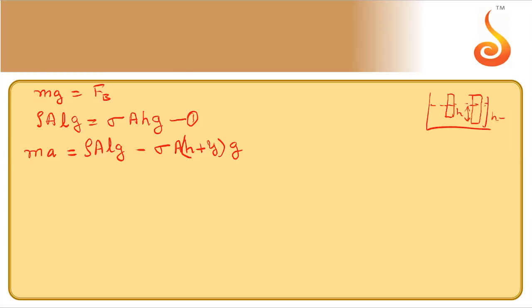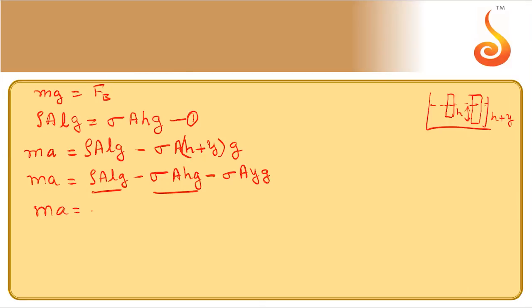Now ma is equal to rho a lg minus sigma a hg minus sigma a yg. So rho a lg should be equal to sigma a hg according to equation 1. So ma equals minus sigma a yg, right? So this is restoring force.